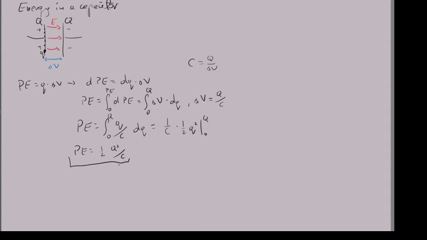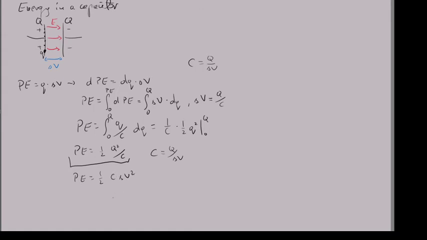All right. Now, because I have also this expression here, C equals Q over delta V, I can manipulate this equation into other forms. So for example, I can get this. Let's do that.